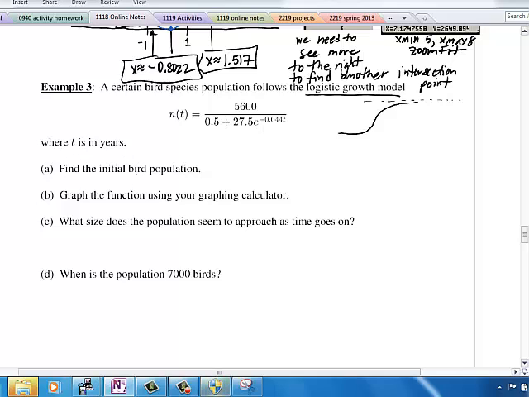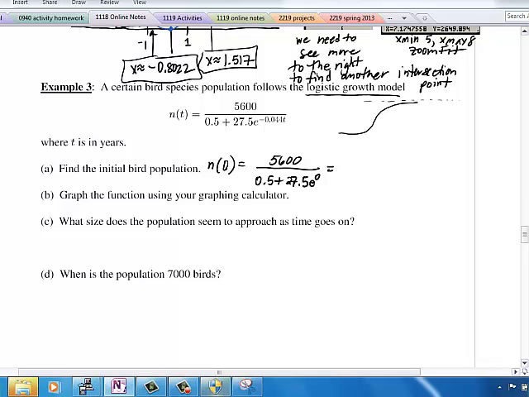First, we're asked to find the initial bird population. Initial would be when time equals 0. So we want to let t be 0, so N of 0. We would have 5,600 divided by 0.5 plus 27.5, sorry about that, times e to the 0, which is 1.